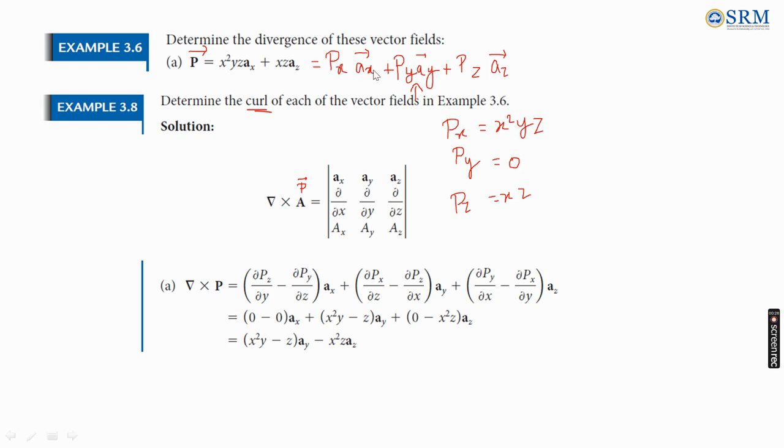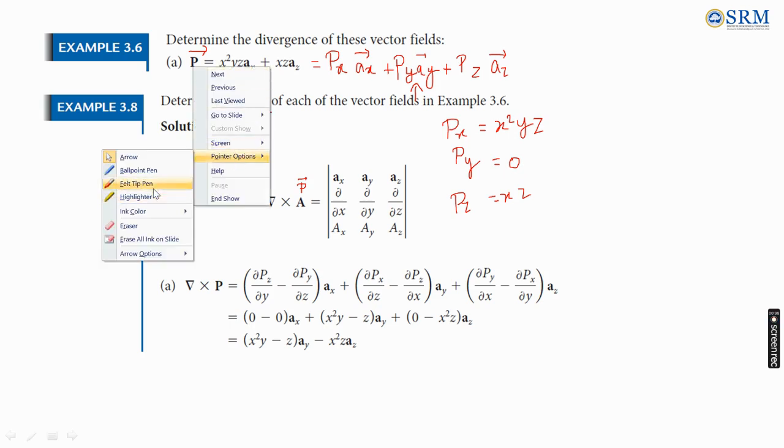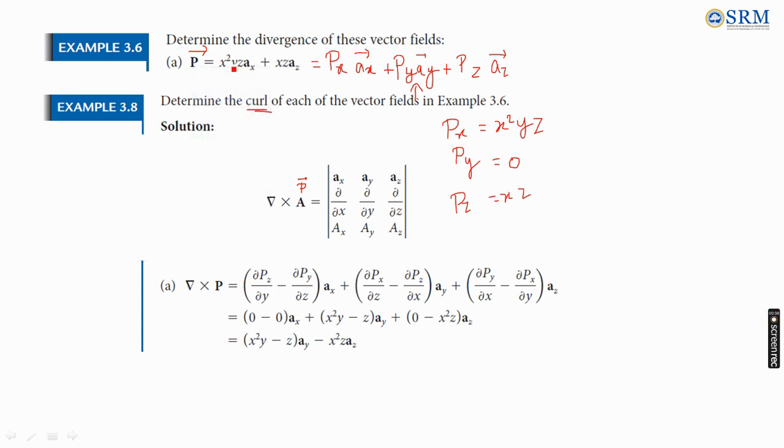It is Px into ax cap plus Py into ay cap plus Pz into az cap. From the given expression, you can write what Px, Py and Pz are. Leaving the unit vector, write x square yz for Px. The ay component is not present, so Py is 0, and for this component Pz is xz. So we know how to write the curl of a vector.